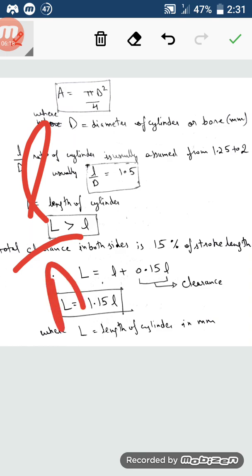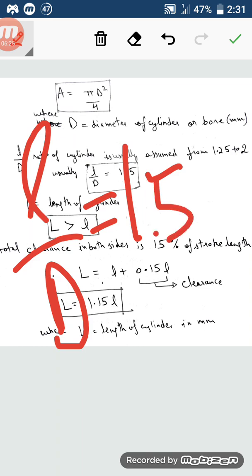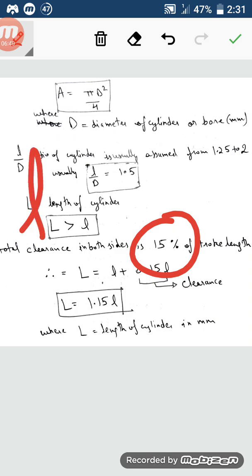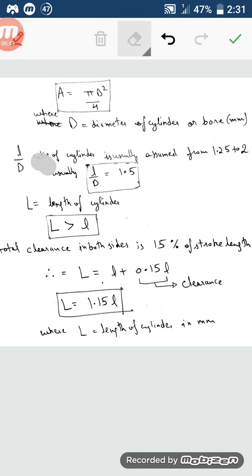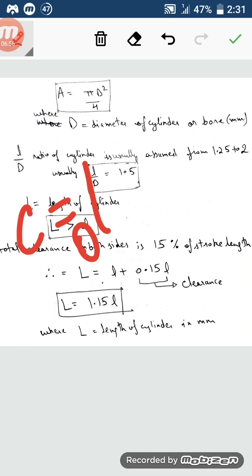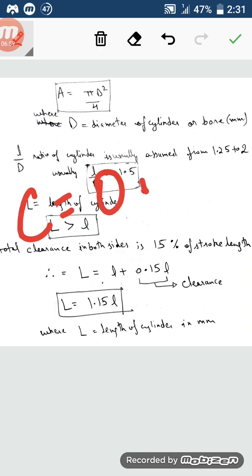The L by D ratio is assumed to be 1.5 if it is not given; otherwise it fluctuates between 1.25 and 2. The total clearance on both sides is assumed to be 15%, so clearance C is equal to 0.15 l, or 15% of the stroke length.